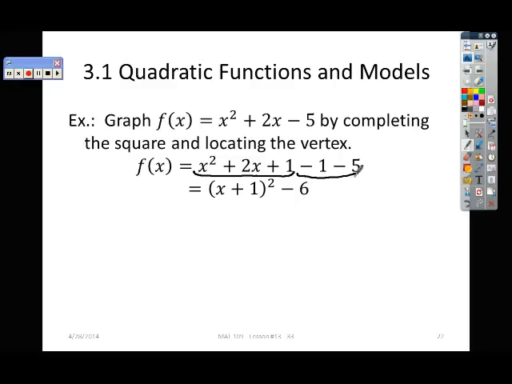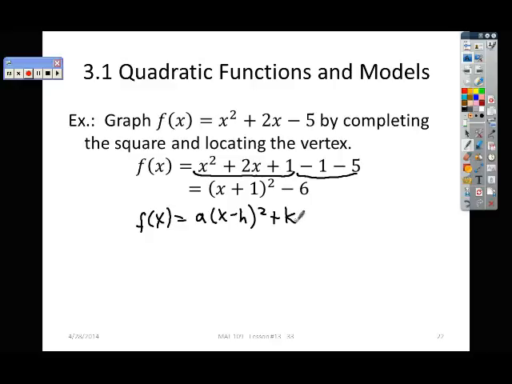So I have that, which I can compare to my vertex form of the quadratic function.